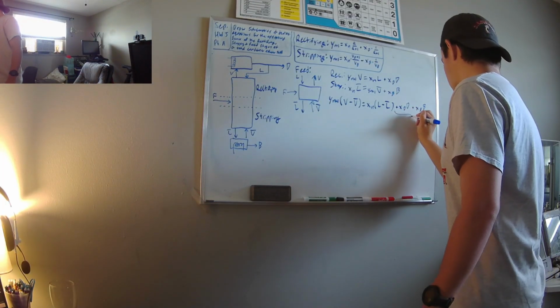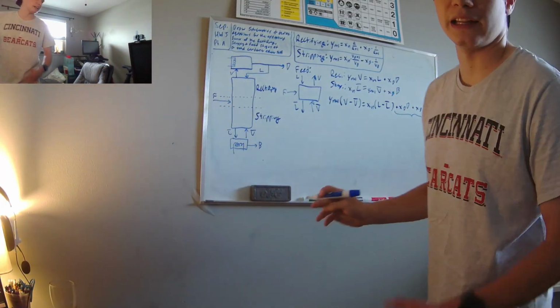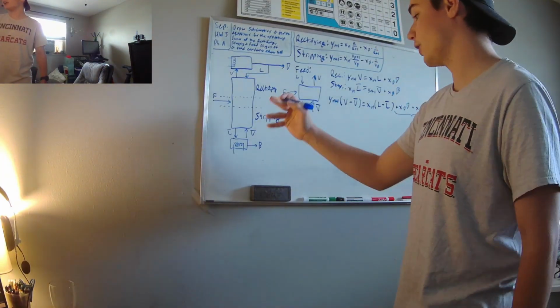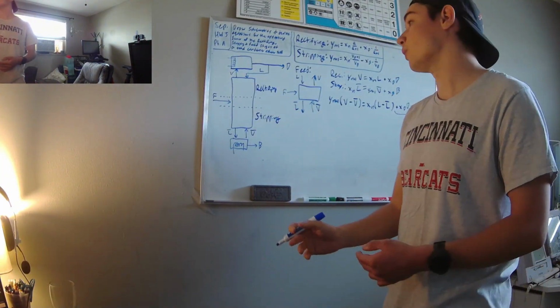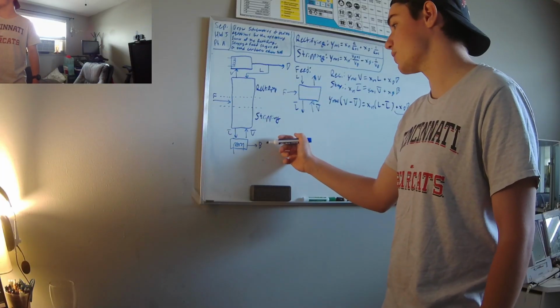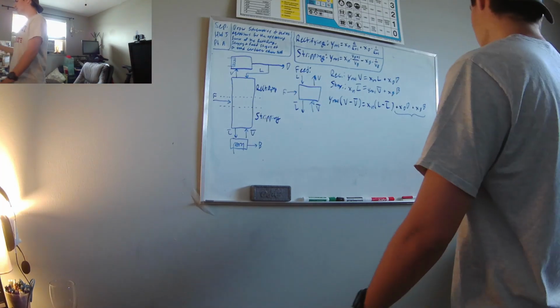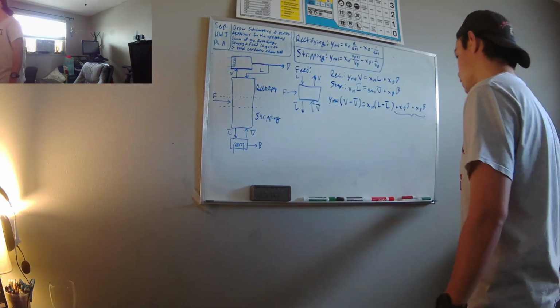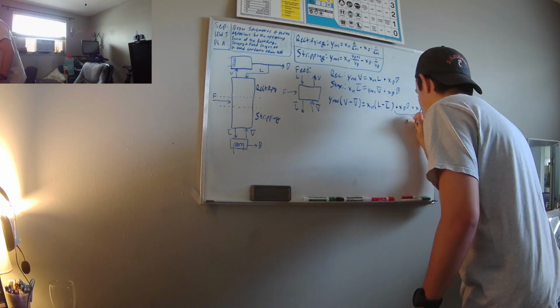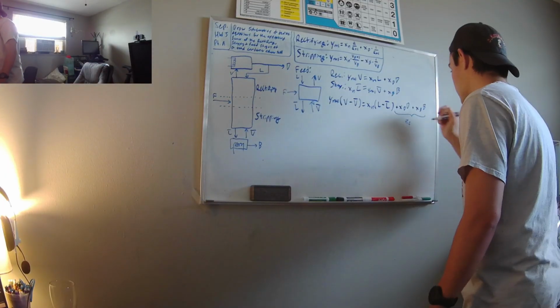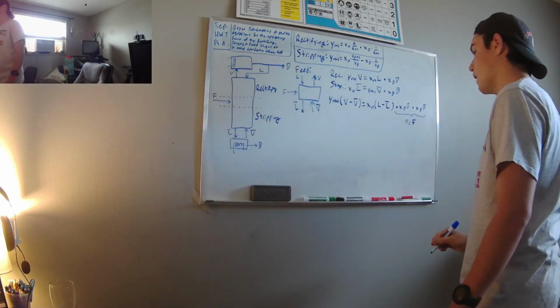And looking at these two expressions, we know if we look at an overall boundary of our entire column, all we've got going out is our distillate and our bottoms, and all we've got coming in is our inlet flow rate F. So we can say that these two expressions are just equal to our zF composition in our feed times our feed flow F.